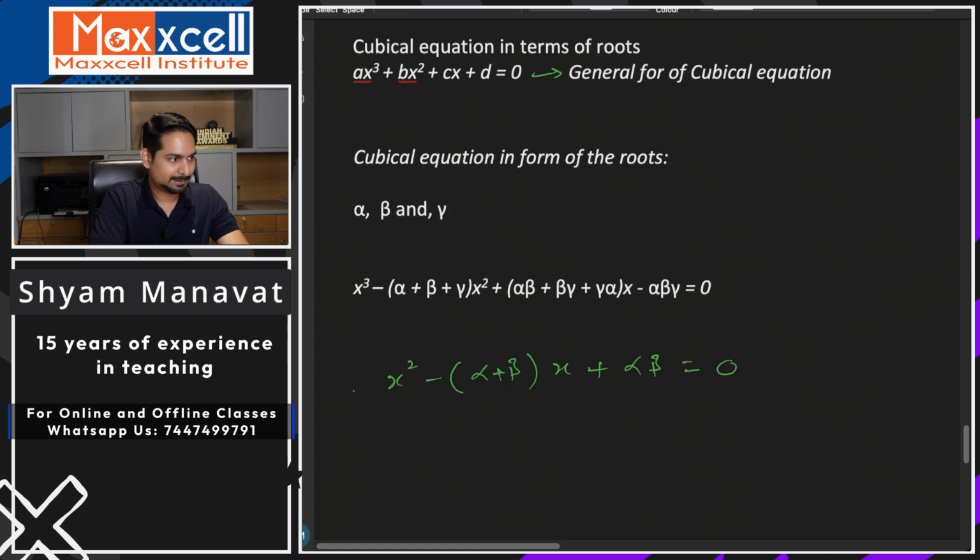Now understand the similarity here. For the square equation, the first term is x square, second term x power 1, third term is constant. Similarly, in the cubical equation, you see x cube, then x square, then single power of x and then constant. Second thing, you can see the pattern. The first term is positive, the second term is negative, the third term is positive again.